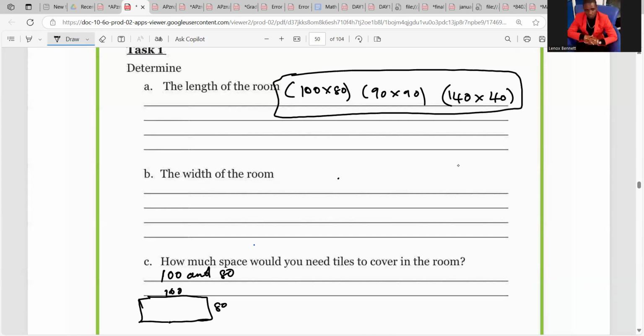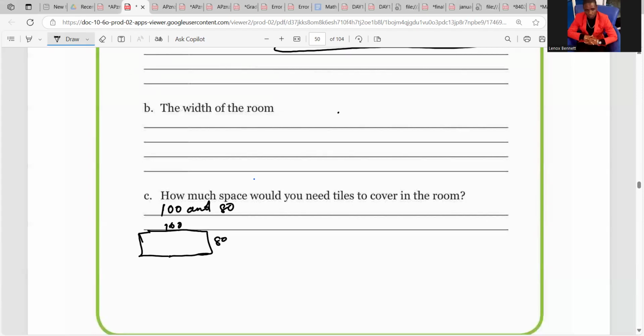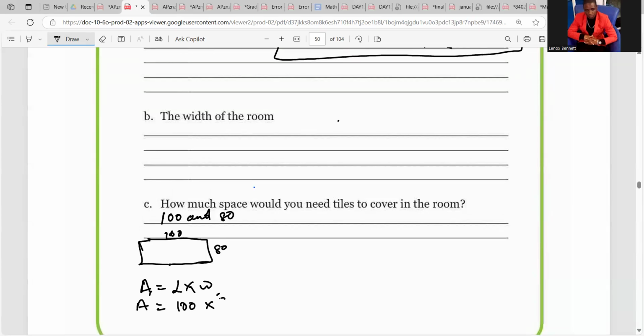Very good. All right. I see a lot of persons texting and saying, sir, I understand now. Very good. Guys, that's why we come to class, right? So we can get the full understanding of what's happening and we can reproduce. So as she said, it's length times width. Make sure you have it like this in your book, guys. Area equals length times width. You put in the length, which is 100 times 80, and you say you got 8,000.